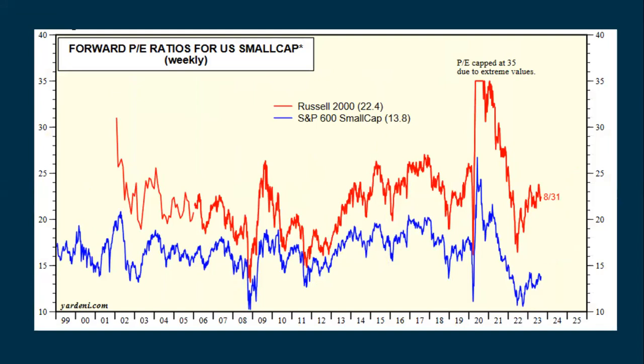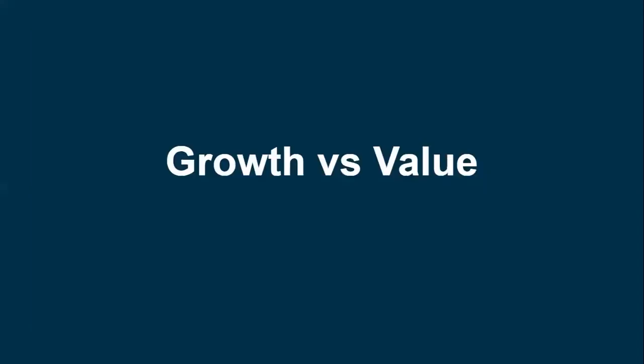There's the Russell 2000, which is the red line, and then the S&P 600 small cap index, which is the blue line. And then I tend to use the blue line more because that lines up with the 10, 15, 20 valuation levels. Well, when you look at the Russell 2000, they calculated a bit different. So it may end up looking like it's actually quite expensive when really on a relative basis, it would be fairly valued or even getting down to the cheap end.